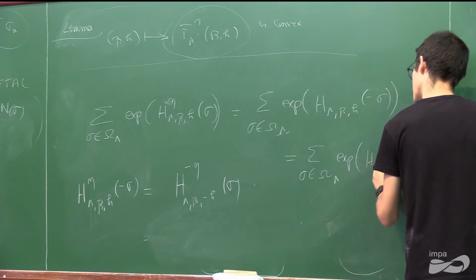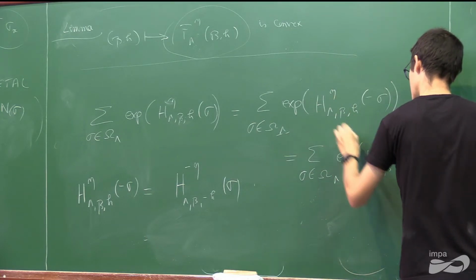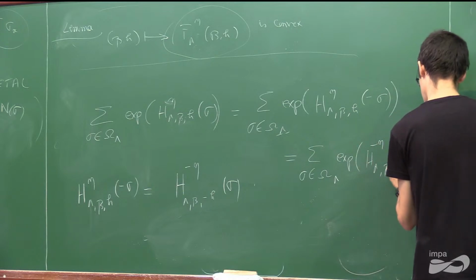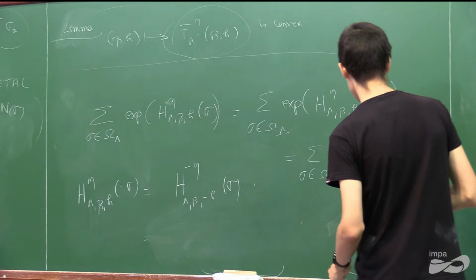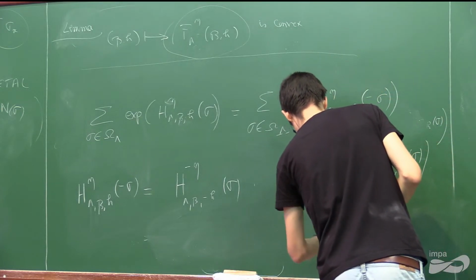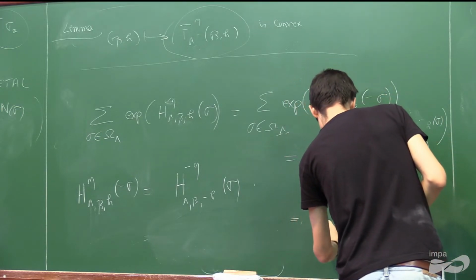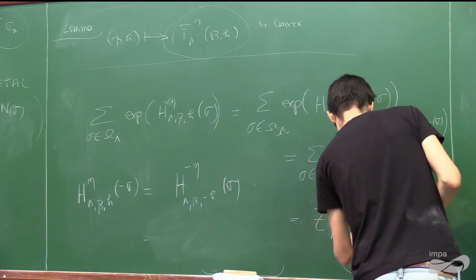H lambda beta minus eta minus h of sigma. Okay, and therefore you get that this is equal to Z lambda beta minus h minus eta.